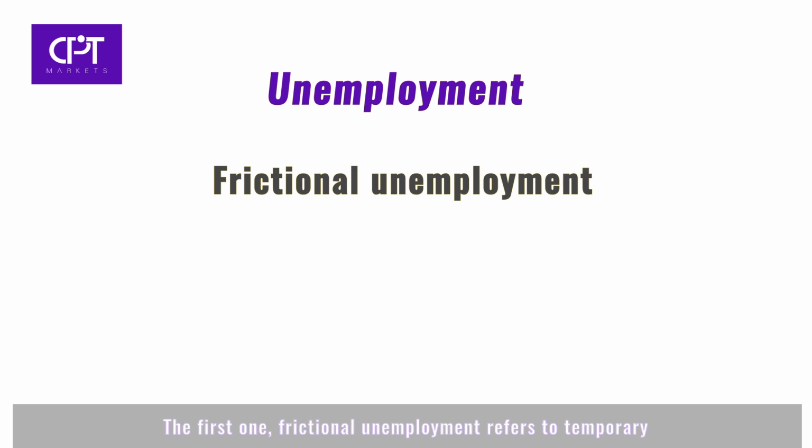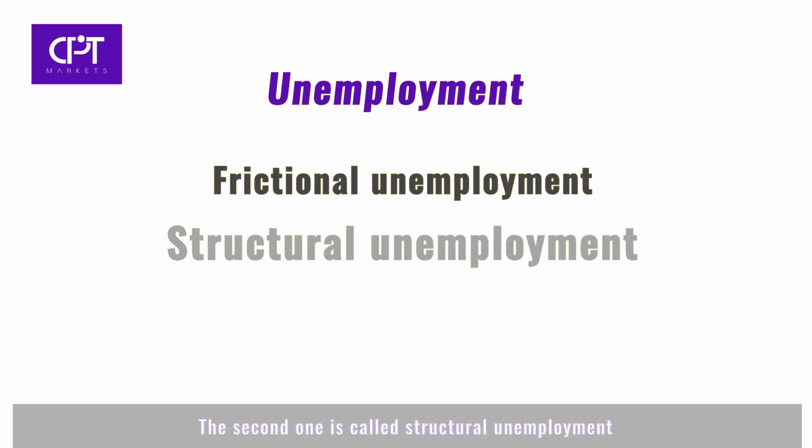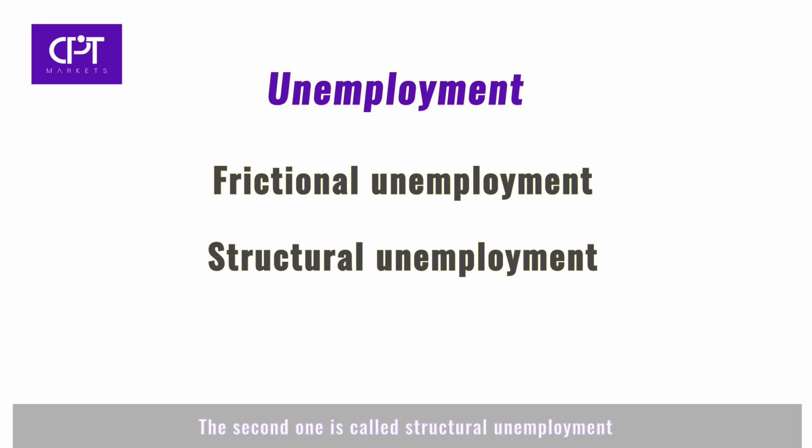The first one, frictional unemployment, refers to temporary unemployment during the period when people are searching for a job. The next one is called structural unemployment, and is a mismatch between worker skills and locations and job requirements.